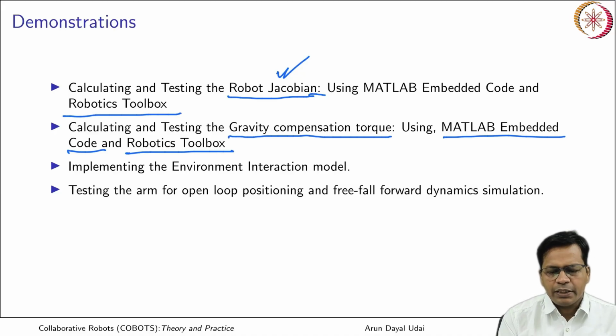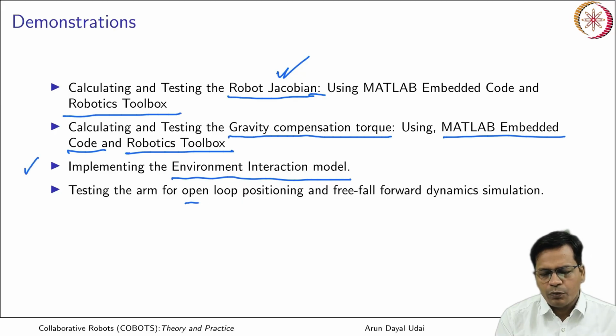We'll implement the environment interaction model that we discussed in the previous lecture. We'll use the same model here again and test it, and we'll finally test the arm for open loop positioning and for free fall forward dynamics simulation.